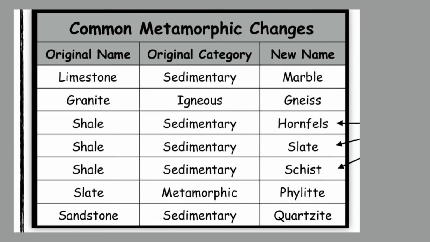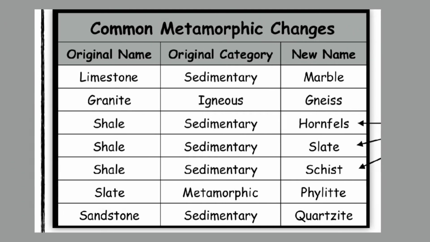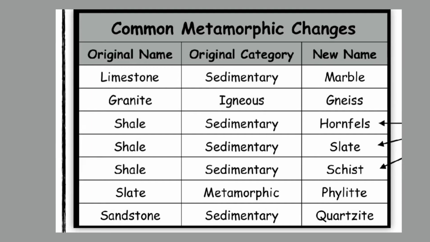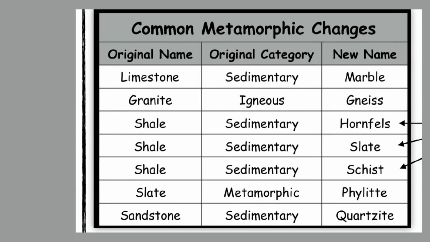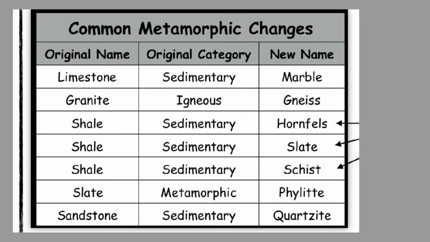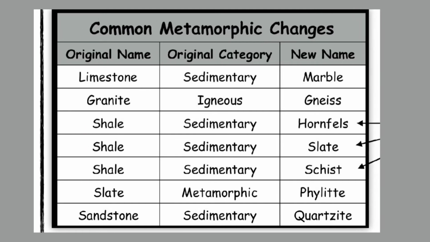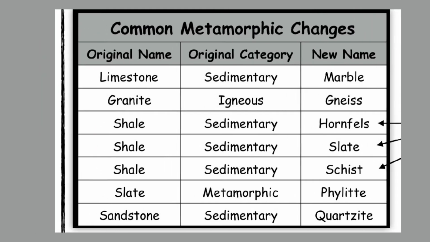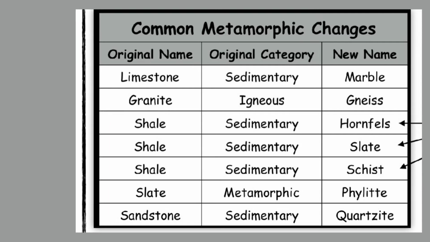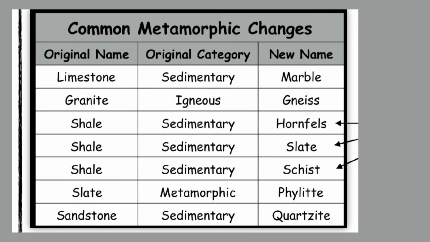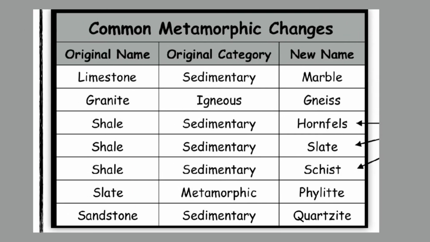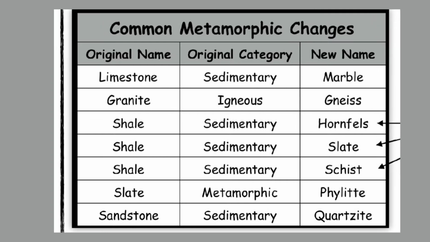So what am I saying here? Look at this table. You understand how metamorphic rock is formed more. Remember we said that metamorphic rock is formed when either sedimentary rock or igneous rock or metamorphic rock is heated again. It will change again to another kind of rock, and that is called metamorphic rock. From this table, you can see that limestone is a type of sedimentary rock, is it not?